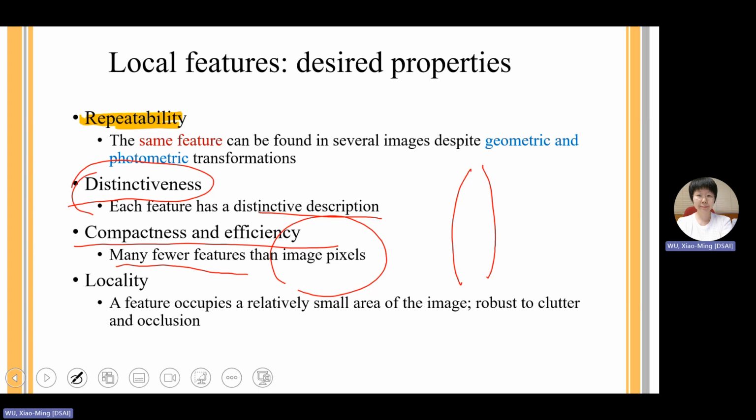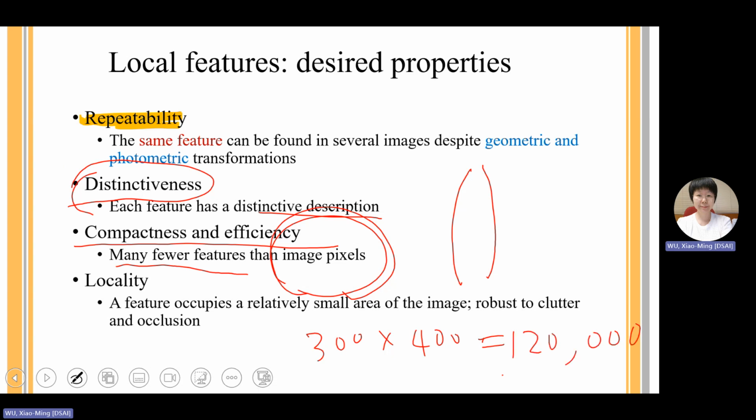There are many image pixels. Given a 300 by 400 image, the number of pixels is equal to this number.